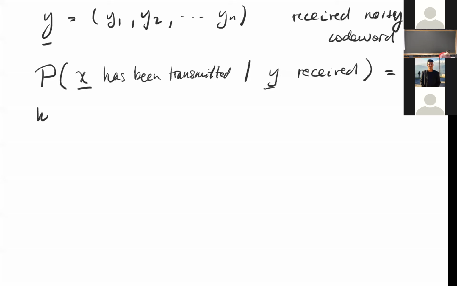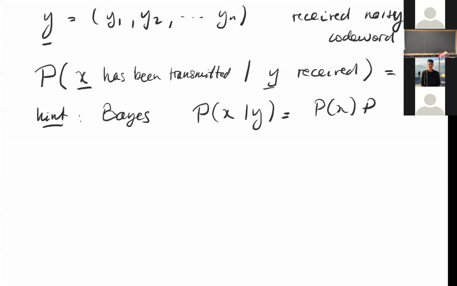So the hint here is that you need to use Bayes formula. And you know two things. In Bayes formula, you remember, the P of X given Y, the posterior distribution, is P of X times P of Y given X divided by a normalization, which is also the probability of Y, but I call it Z, to stay in the statistical mechanics framework.